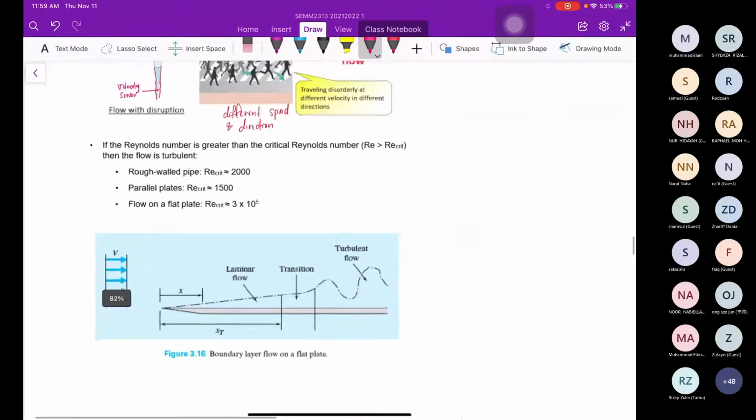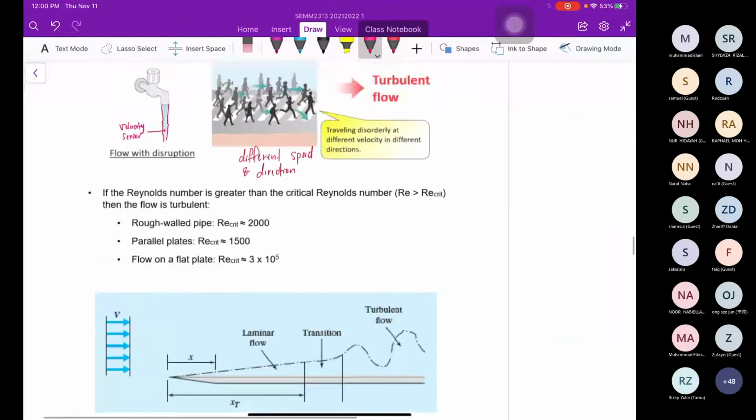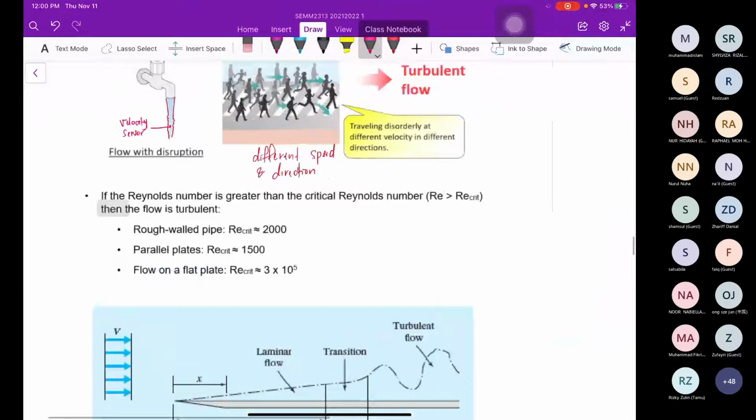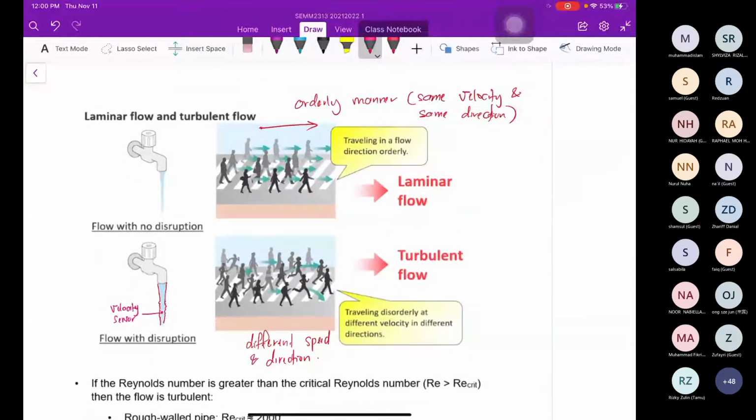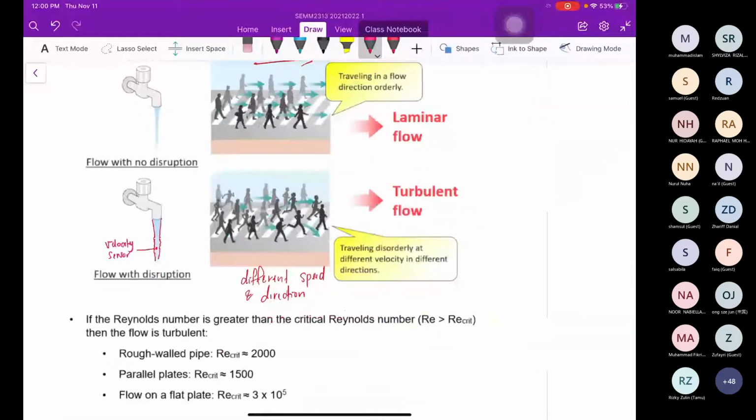Normally, how can we differentiate the flow by looking at it? How to differentiate when we have different kinds of situations?